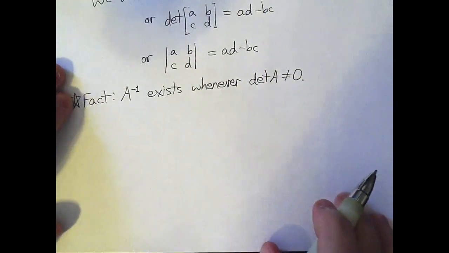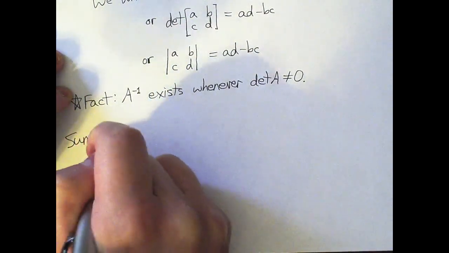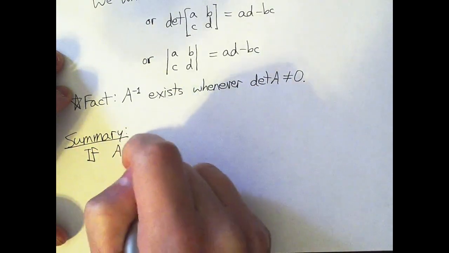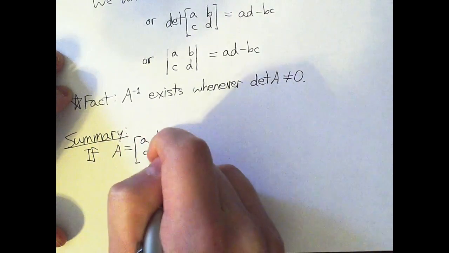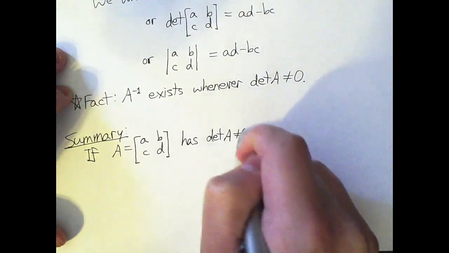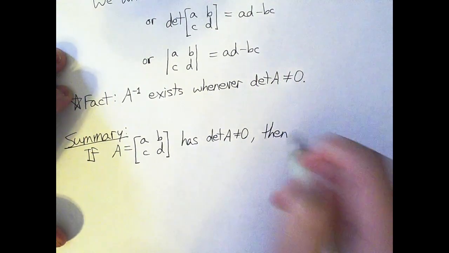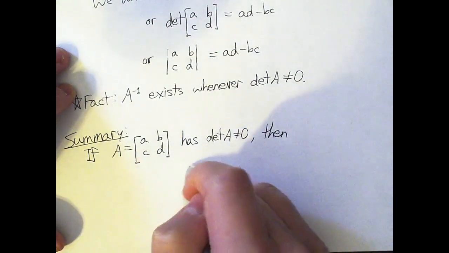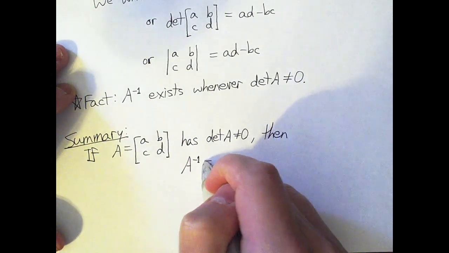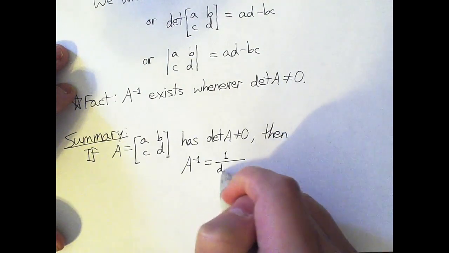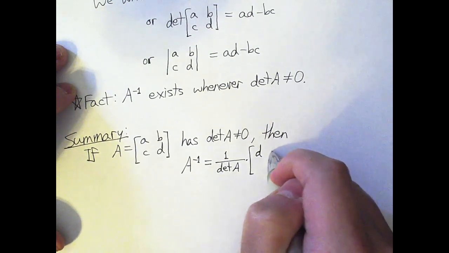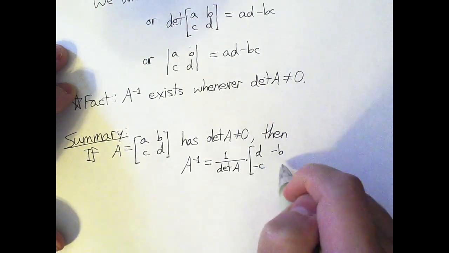Now, I'd like to summarize some of what we just said. Summary. If a 2 by 2 matrix, A, B, C, D, has its determinant not equal to 0, then A inverse is equal to, I'm going to write what we wrote above, but instead of writing AD minus BC, I'm just going to write 1 over determinant of A. And then we write D, minus B, and so on. I'm copying what we had above, right?